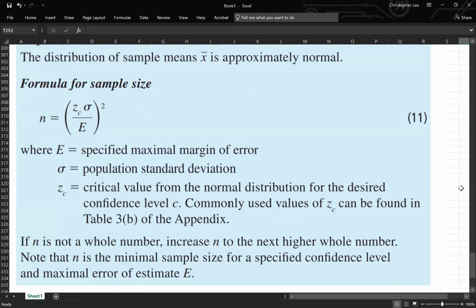If n is not a whole number, increase n to the next higher whole number. Note that n, the sample size, is the minimum sample size for a specified confidence level and the maximal error of estimate E.